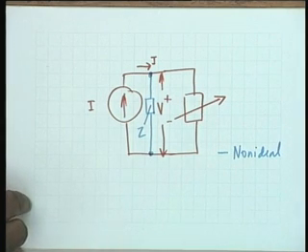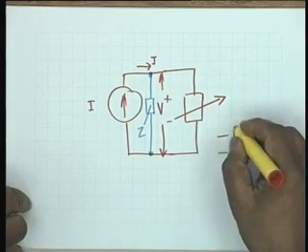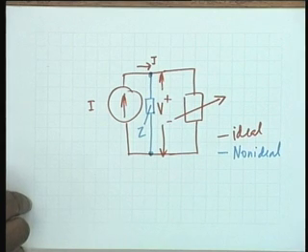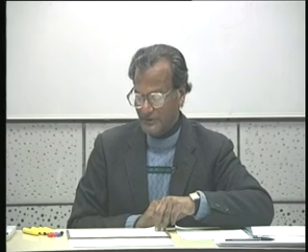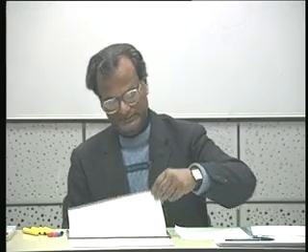In the case of a non-ideal voltage source, it was in series, all right, and the red color stands for the ideal situation. You must be able to distinguish between ideal and non-ideal sources. In reality, there are no ideal sources. All sources have certain internal impedance or internal admittance. Okay? But for the purpose of theory, many times we shall talk only of ideal sources.